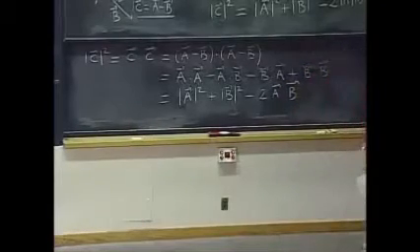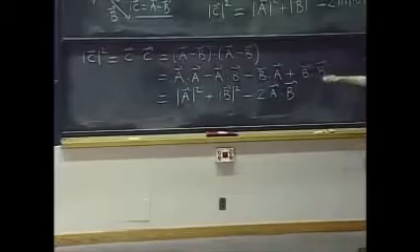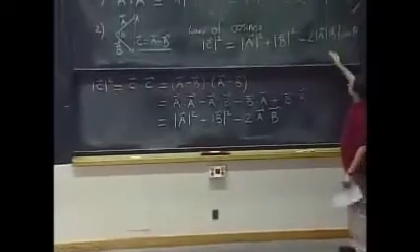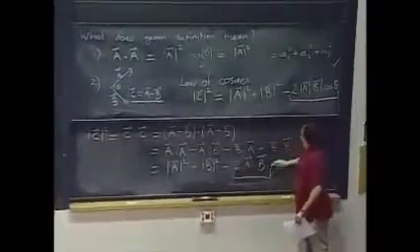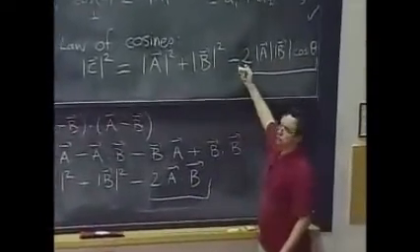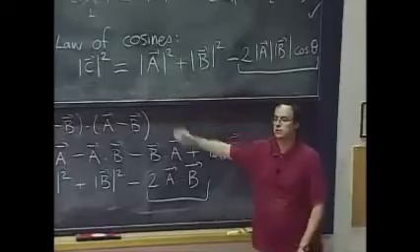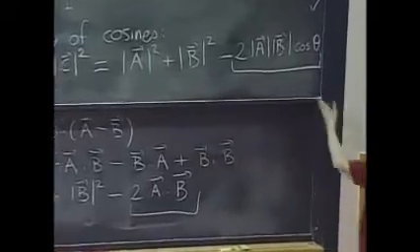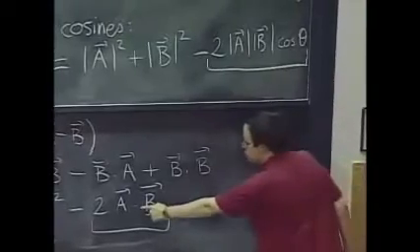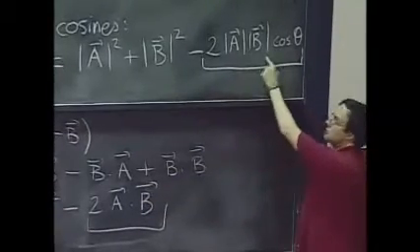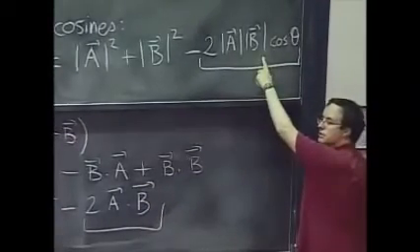Okay. So now let's compare these two formulas. Well, you see that this term is the only difference between these two formulas for the length of C. So if you believe in the law of cosines, then it tells you that, yes, this is a proof that A dot B equals length A, length B, cosine theta.